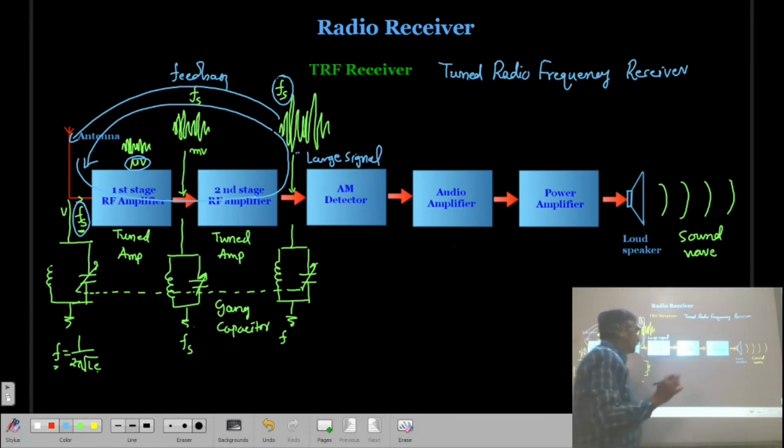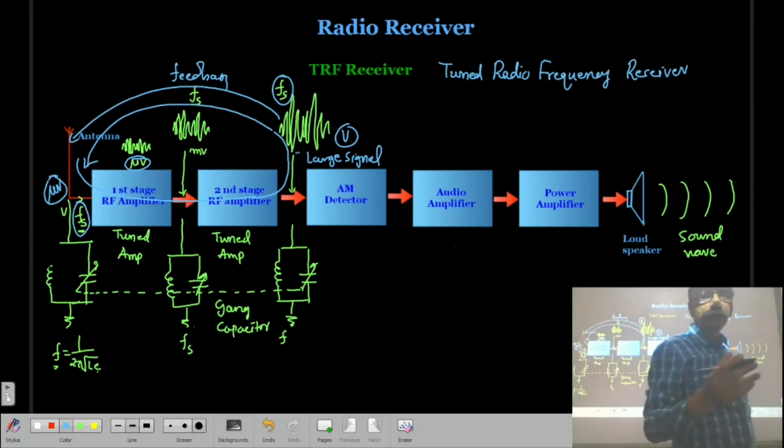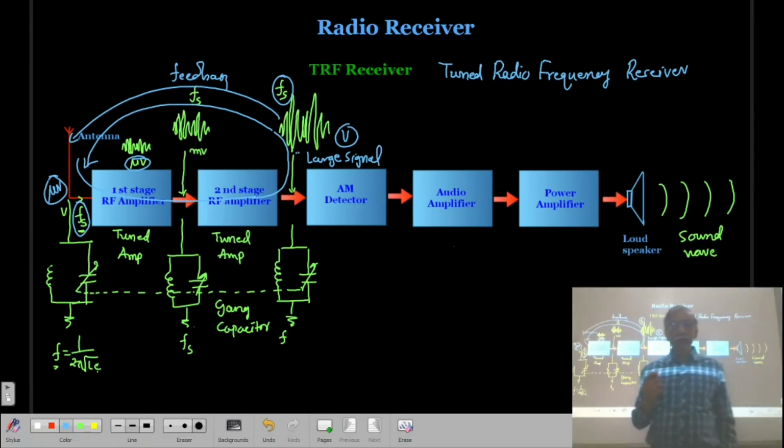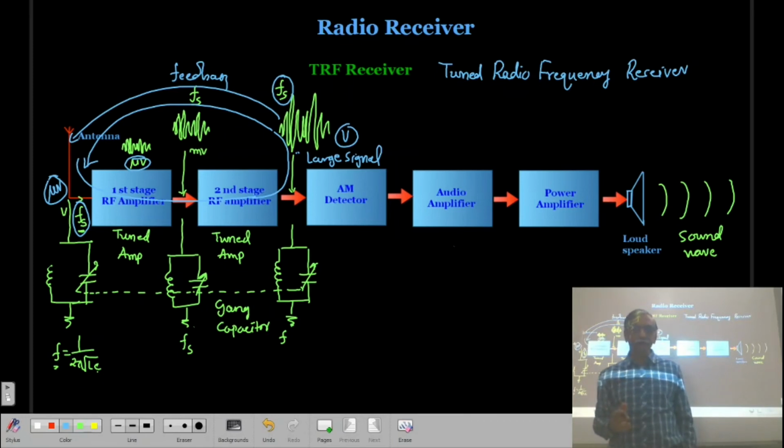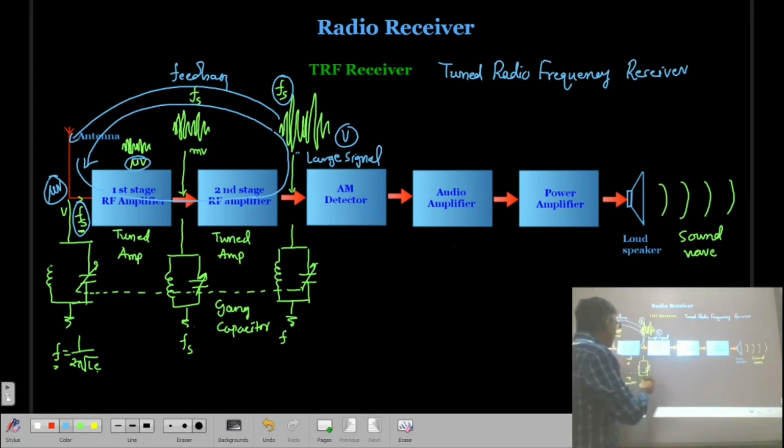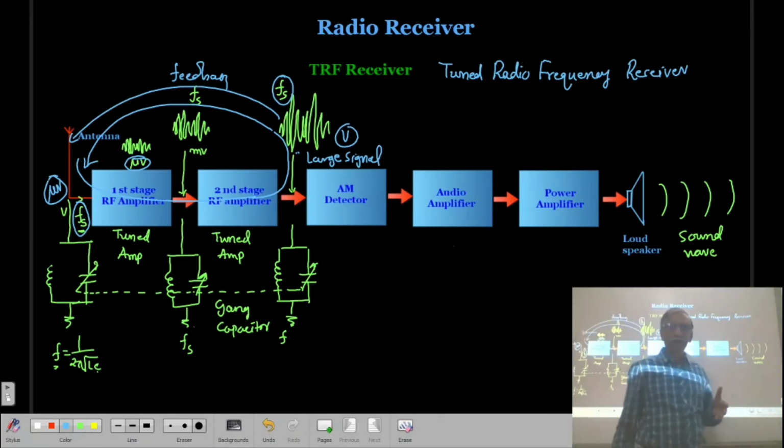Second thing, here my input signal is in the order of a microvolt, and here the signal is in the order of a volt. So how much gain is required? The required gain will be 10⁶ times. So the overall gain of this amplifier is very large. And we know that if the amplifier gain is large, then instability will be there.